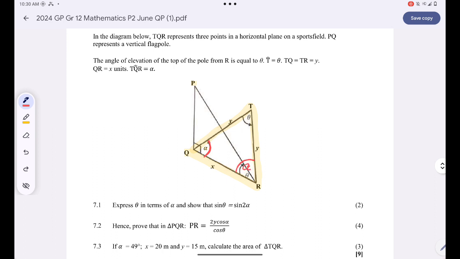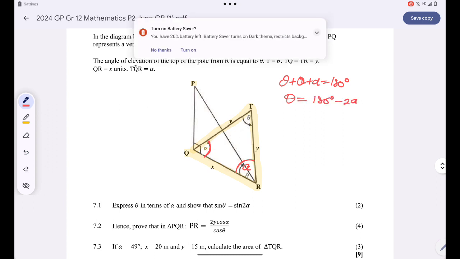But what do I know? I know that theta plus 2 alpha should give me 180, since these are the sum of angles of a triangle. That means theta is basically 180 degrees minus 2 alpha.